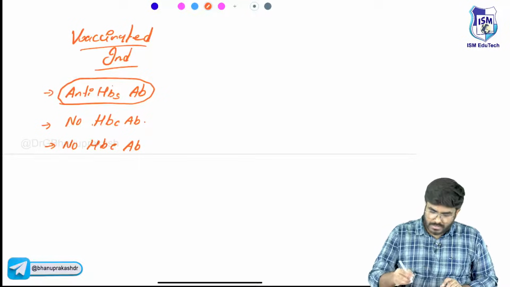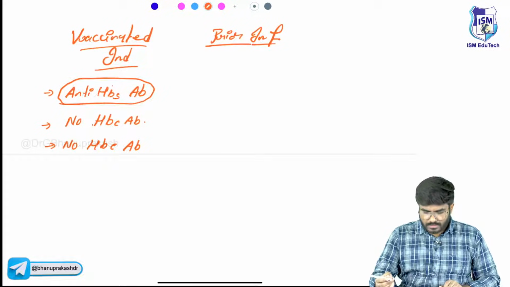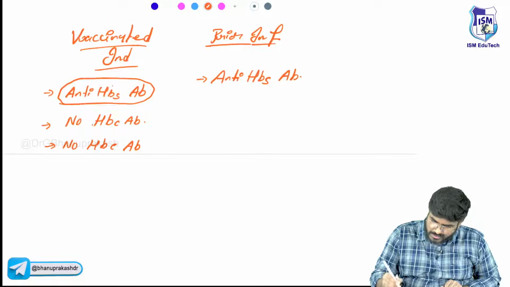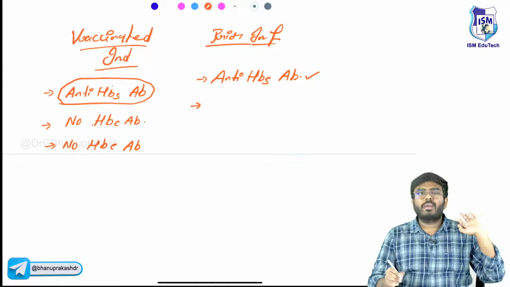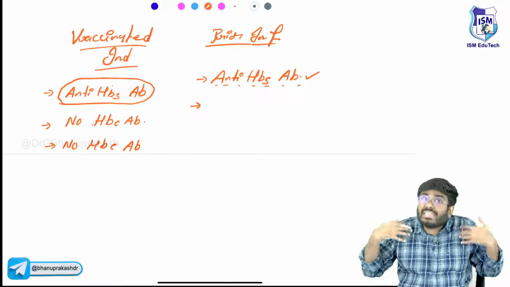Anti-HBs antibody is present. Who is having a prior infection? If a patient had a prior infection, he is also going to have anti-HBs antibody present. Long back this patient had the infection, so he has these antibodies.